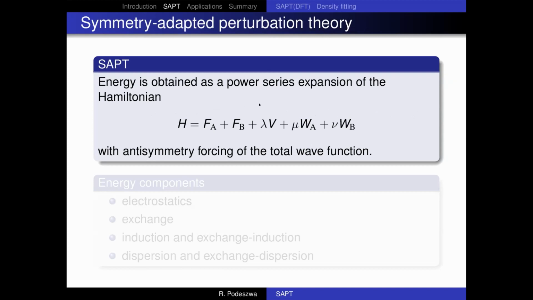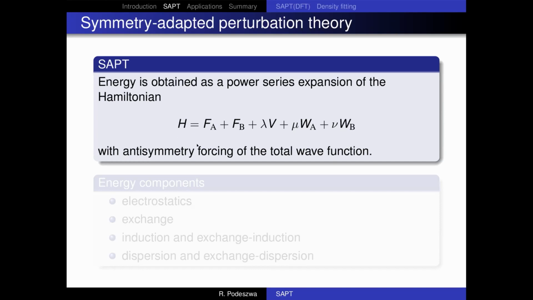You have expansion in the intermolecular operator, but you can also have optional expansion in the intramonomer operators. So these W's are differences between Hamiltonians for monomer A and B and Fock operators for this monomer A and B. So you're essentially doing something like a Møller-Plesset expansion for the monomer.